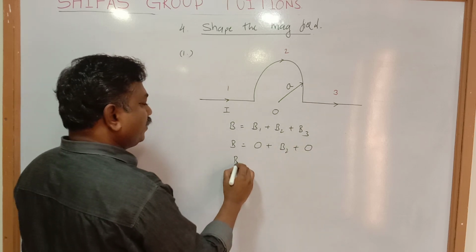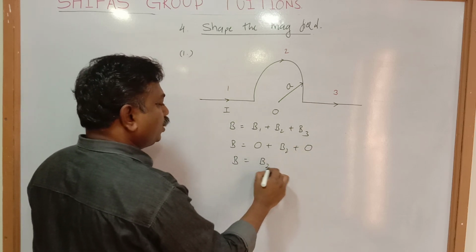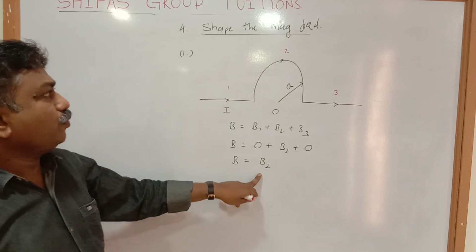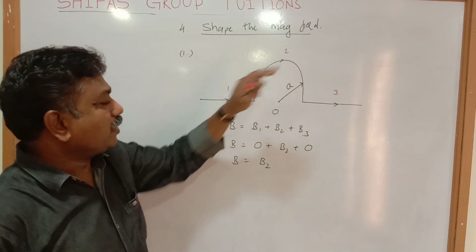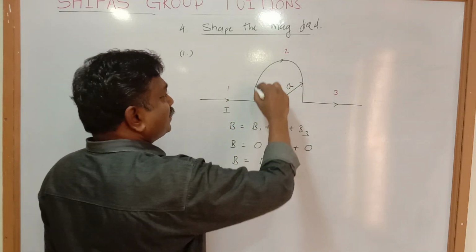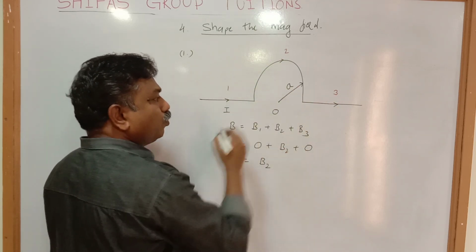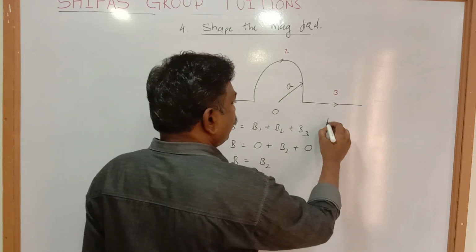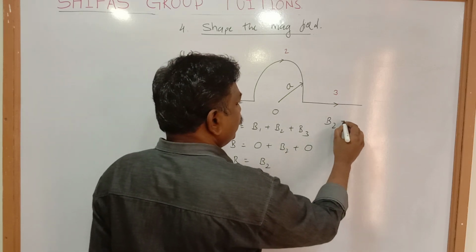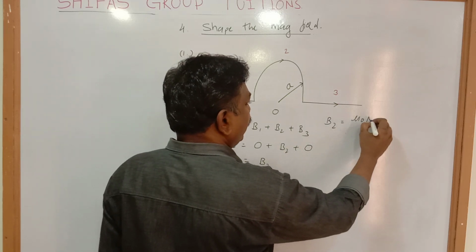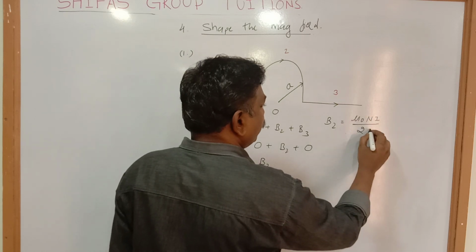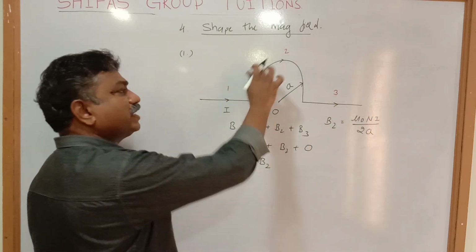So we need to calculate the total magnetic field only due to the second part, B2. This part produces a magnetic field at point O, and the formula is B2 equal to mu naught Ni upon 2A. But dear student, this formula is for the full circle.